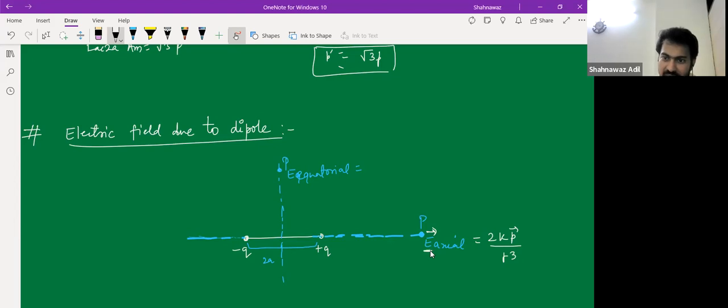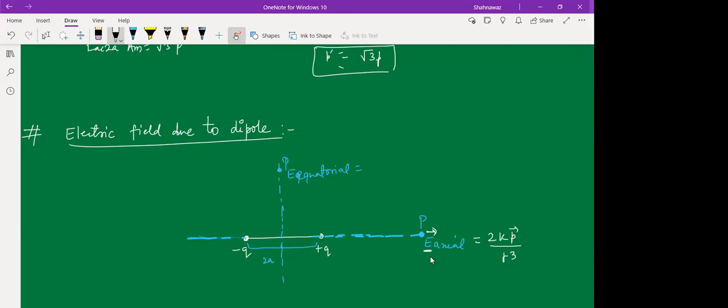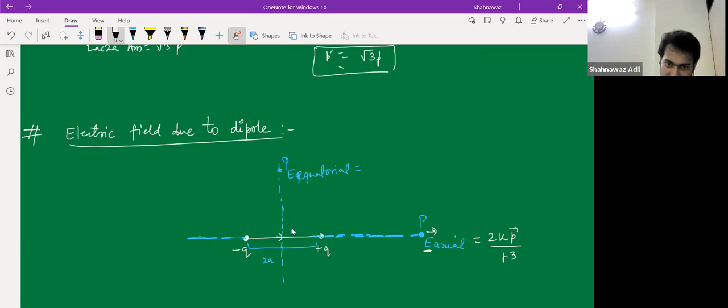The important thing to remember is that the electric field at the axial point is in the direction of what? Dipole. Yes, so this is in the direction of the dipole. Correct. And what is the value of the electric field at the equatorial point?